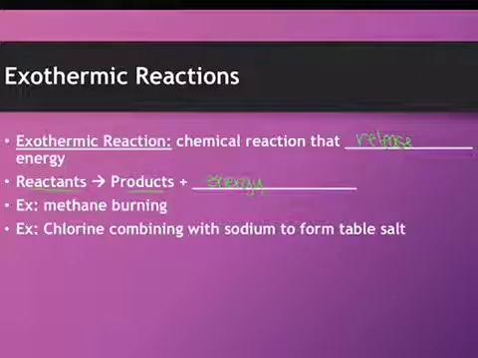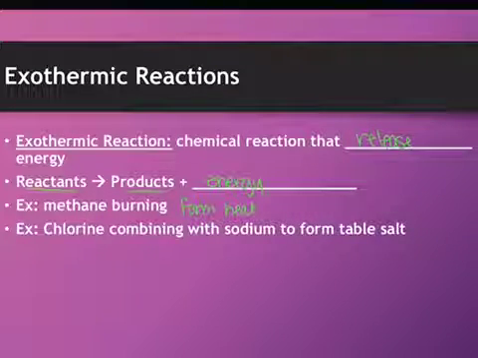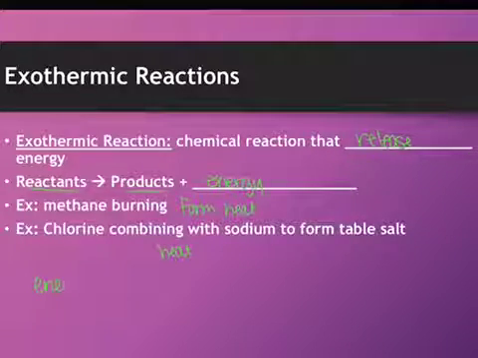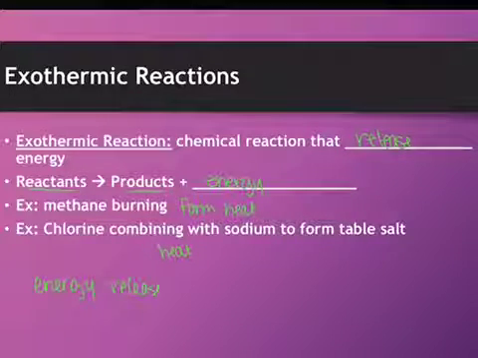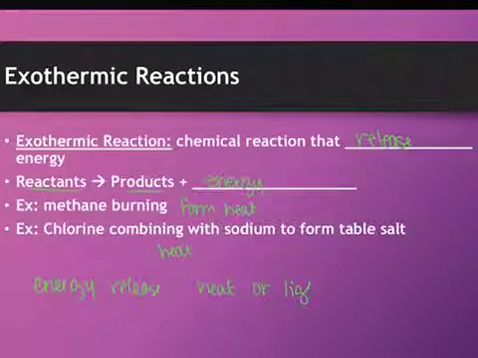So for example, methane burning produces energy, and you can feel that energy in the form of heat. Chlorine combining with sodium to form table salt also releases heat. And so a lot of times this energy that gets released can be in the form of heat or light or both.